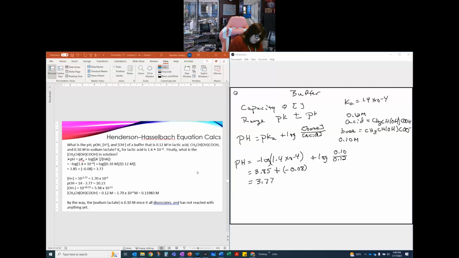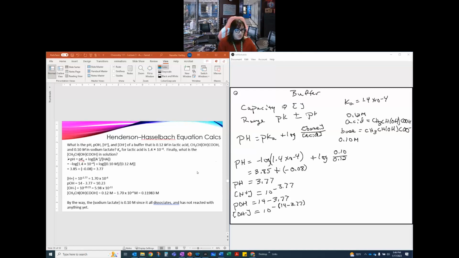Once I have that my pH is equal to 3.77, I know that my H plus is equal to 10 to the negative 3.77. My pOH is equal to 14 minus 3.77, and the OH minus is equal to 10 to the negative (14 minus 3.77), whatever that value comes out to be. Okay. And so that's how I get the concentration of my H plus, the pOH, the OH minus, all of those happy things.